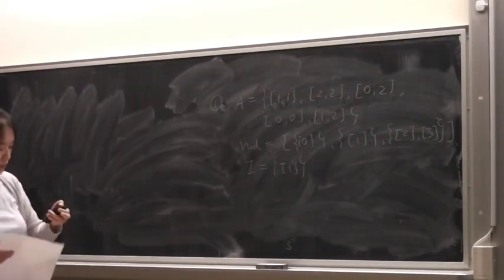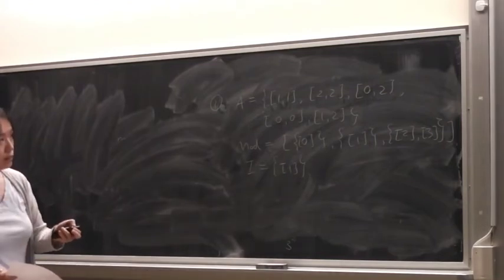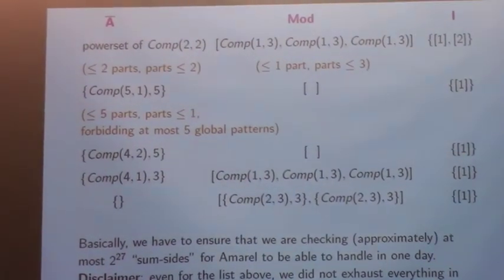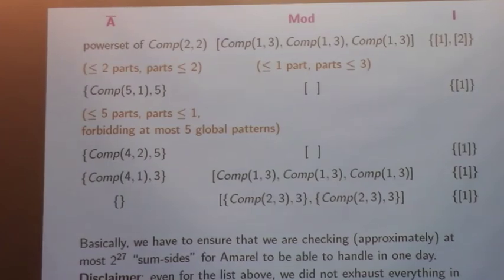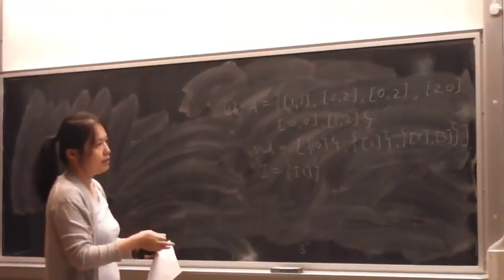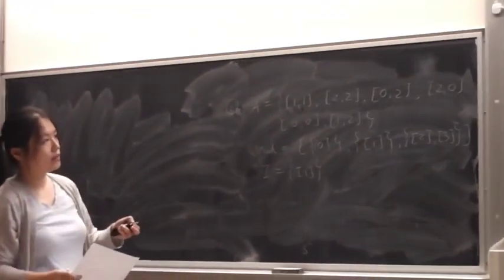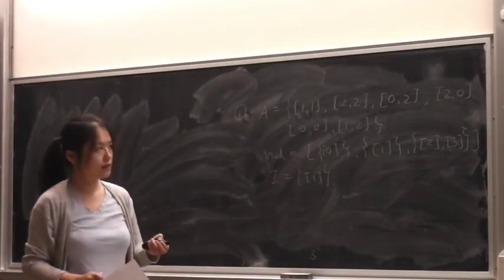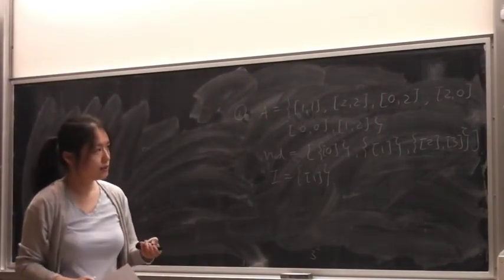For the second one, comp 5, 1, 5. This 5 means we are forbidding at most 5 global patterns. Wait, I'm missing something. So we also have 2 European. Here we have 5 patterns in this global in A, but here we are only allowing 5 patterns. Okay, so that's the second search space.